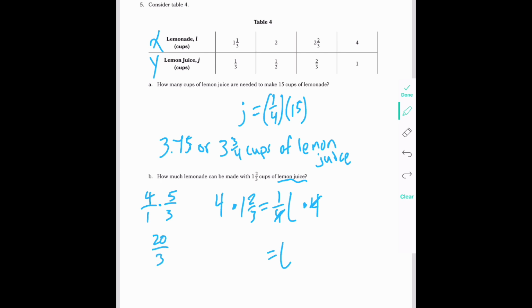I could make this a mixed number since we were using mixed numbers. 20 divided by 3, you can get 6 threes out of 20, and then it would be repeating, so that would be 6 2/3 cups of lemonade can be made with 1 2/3 cups of lemon juice.